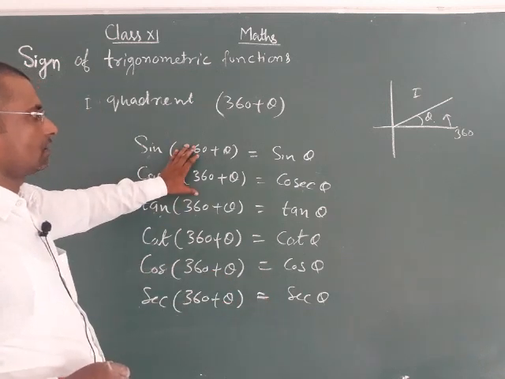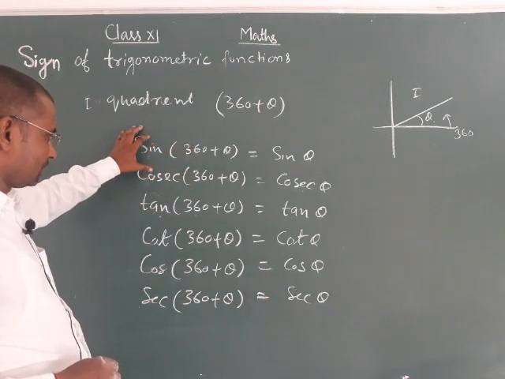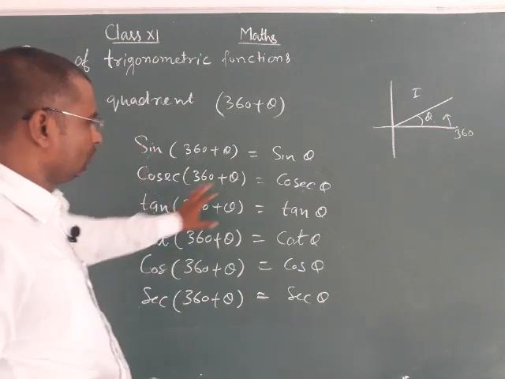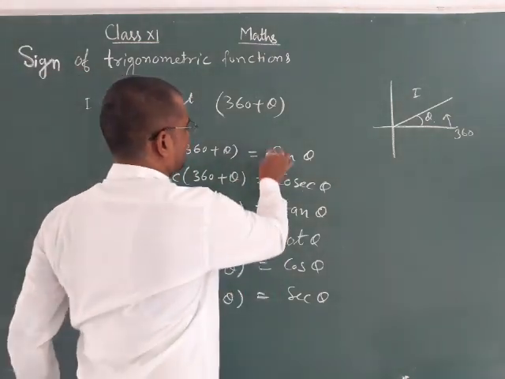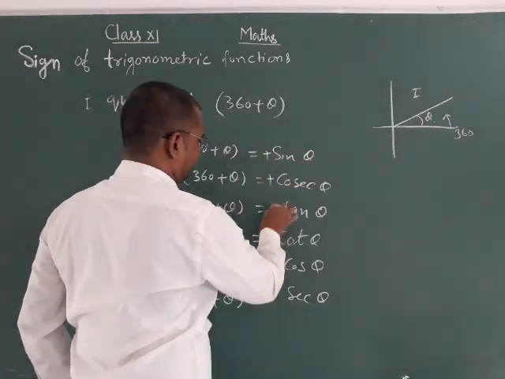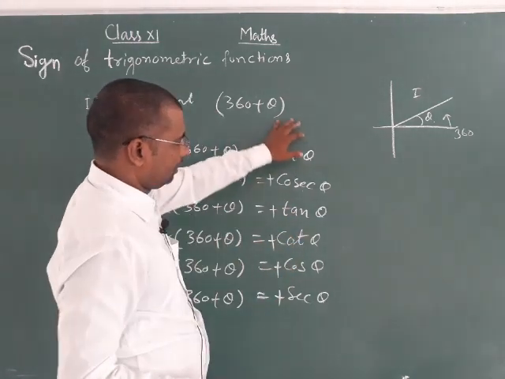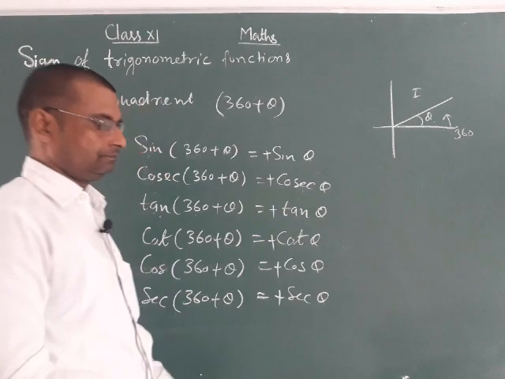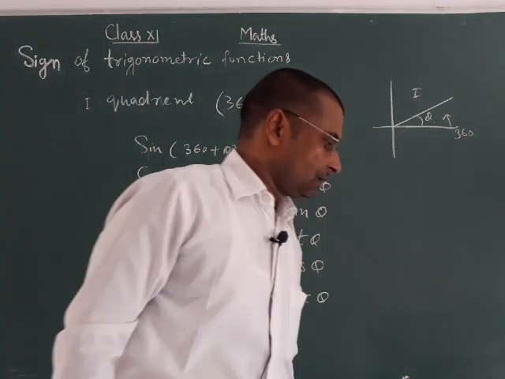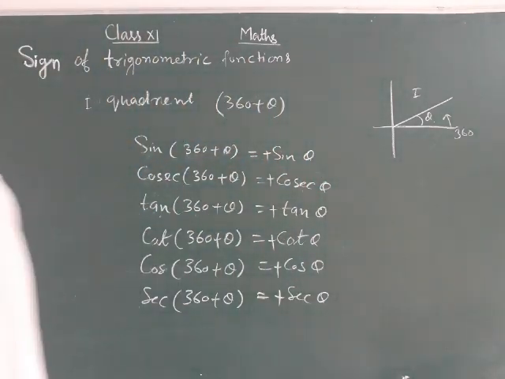In the first quadrant, all trigonometric ratios are positive. That's all.